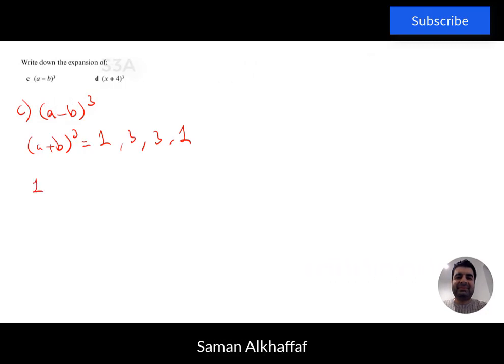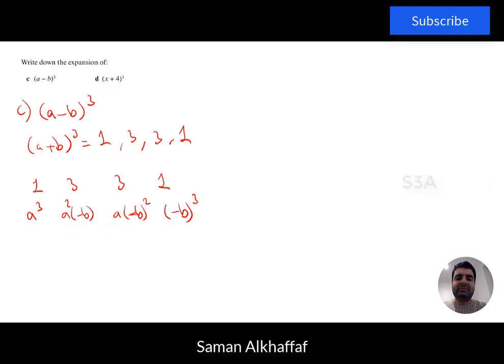So to look at how we would do this, we would have a to the power 3, and then a minus b, and also minus b here, so they will be cubed, and here we have a squared b, and then a b squared.